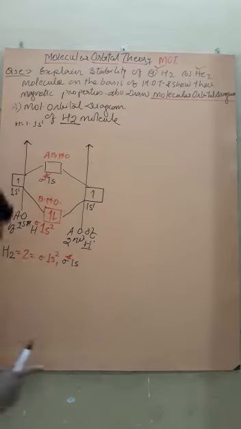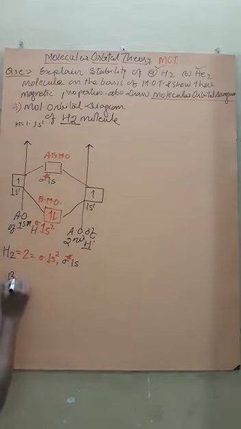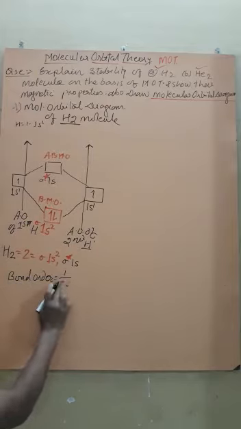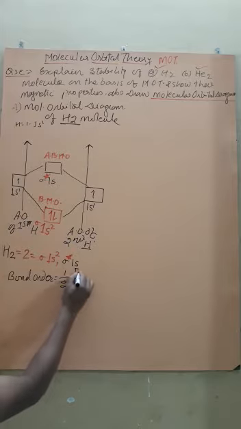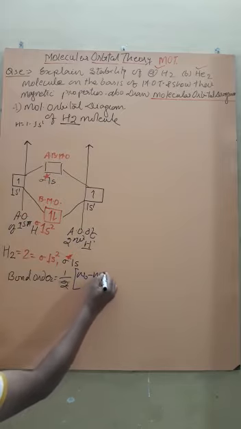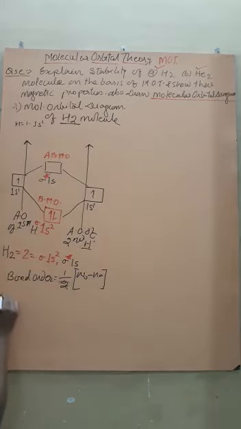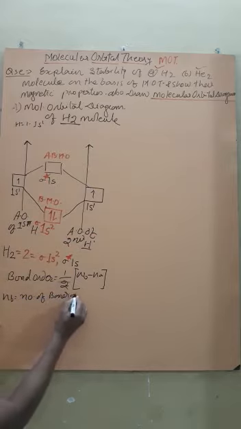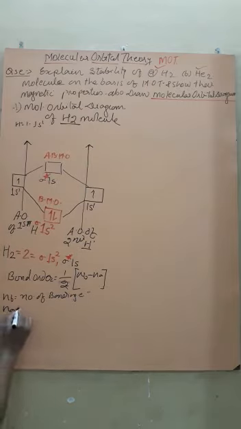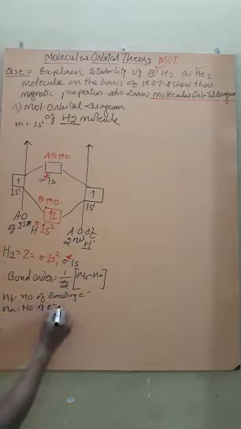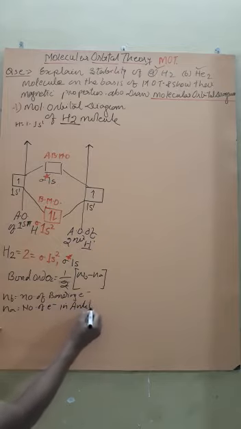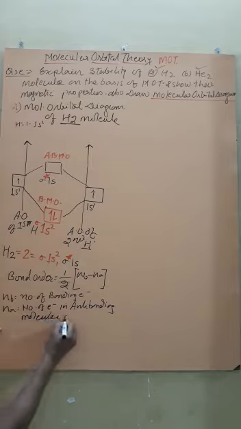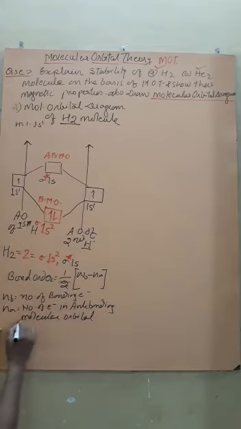Are you getting it? Now how to find bond order? We can find bond order by the formula: 1 by 2 in bracket Nb minus Na. What is Nb? Nb means the number of electrons in bonding molecular orbitals, and Na means the number of electrons in anti-bonding molecular orbitals. Remember, we are talking about molecular orbitals.